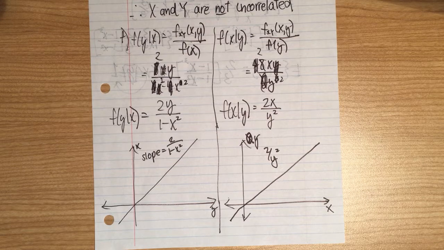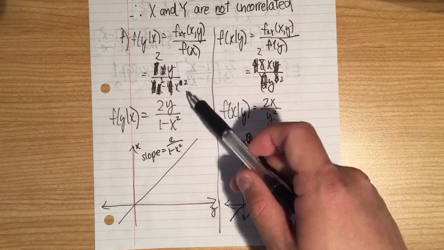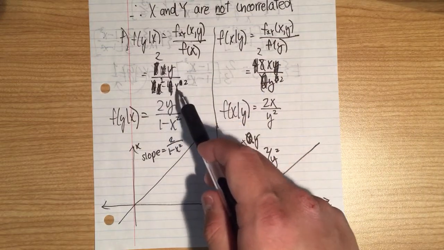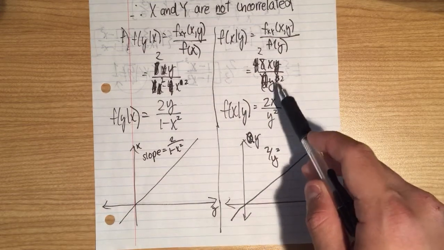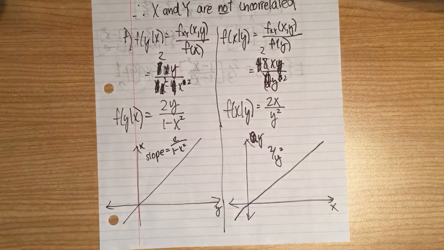Sorry it's so ugly, but I basically did the math on here. They're just 8xy divided by 4x minus 4x cubed, and this used to be 4y cubed before I started canceling everything. Eventually you arrive at f of y given x is equal to 2y over 1 minus x squared, and it's a line.